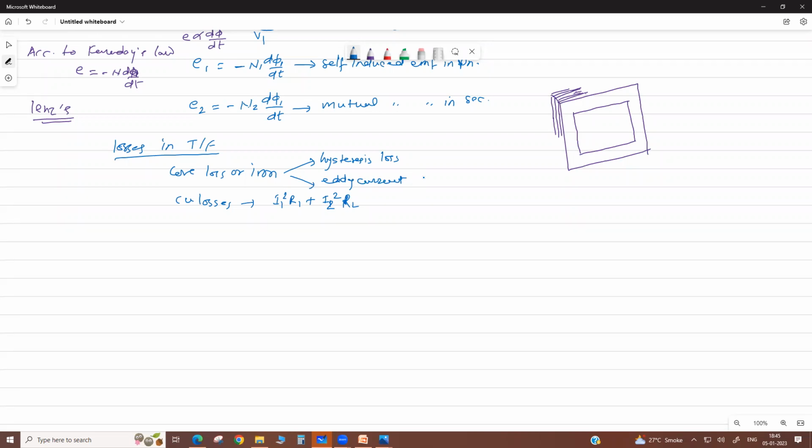The eddy current loss is also an I square R loss, due to the iron core. You know the EMF is induced in the coil, and also induced in the core, because it is also a conductor, iron. Then due to this core resistance, there are I square R short circuit currents. Due to this short circuit current, these losses are there.